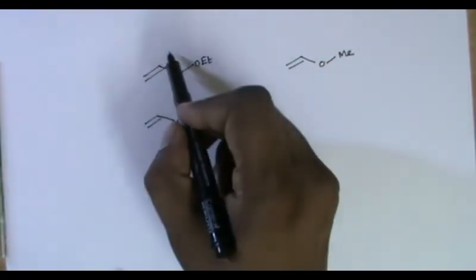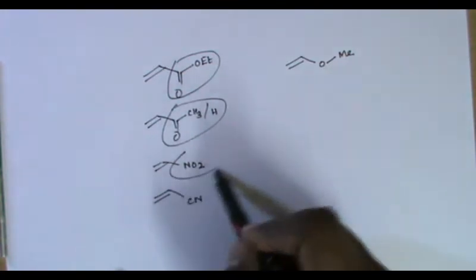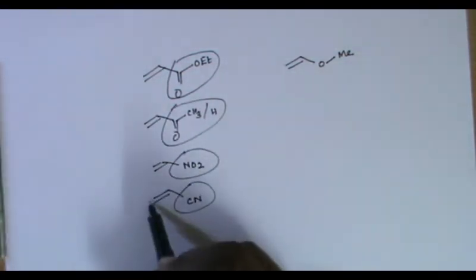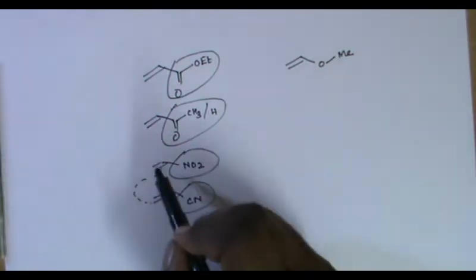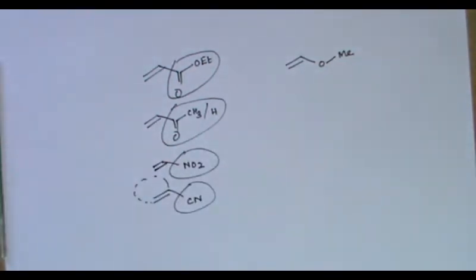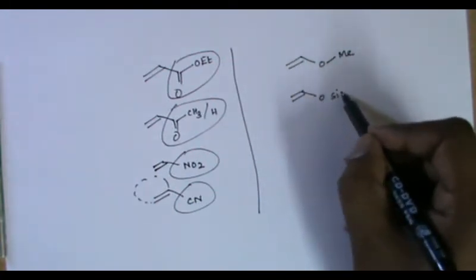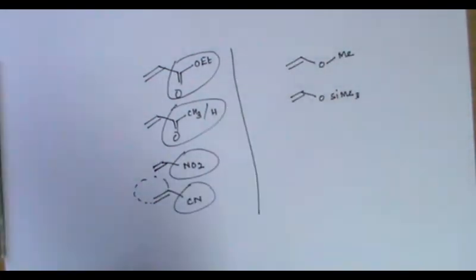If you see, all these groups we have already come across in the earlier slide. There it was in an aromatic ring, so this double bond was like this in a ring, benzonitrile, nitrobenzene. But now I have taken only the double bond. It is not an aromatic ring. And we also have vinyl ether. Vinyl methyl ether, here we call it silyl enol ether.